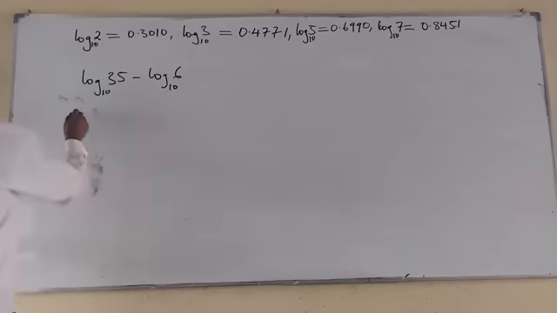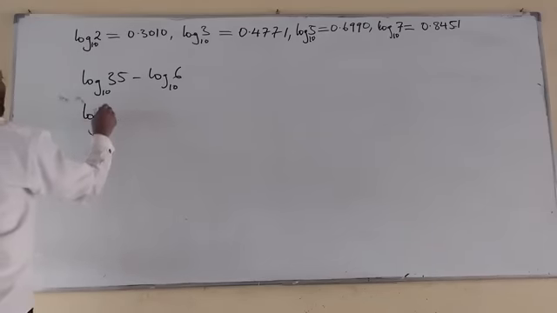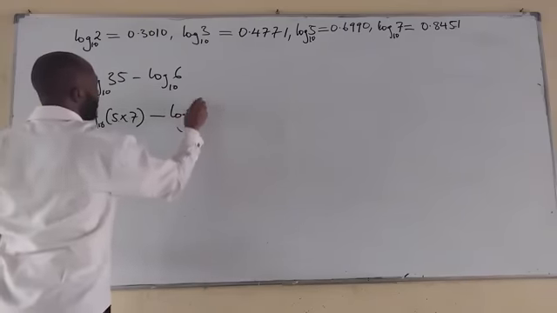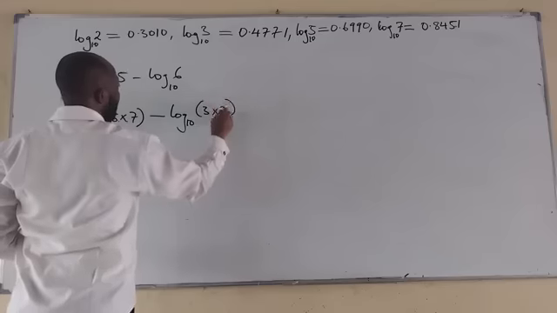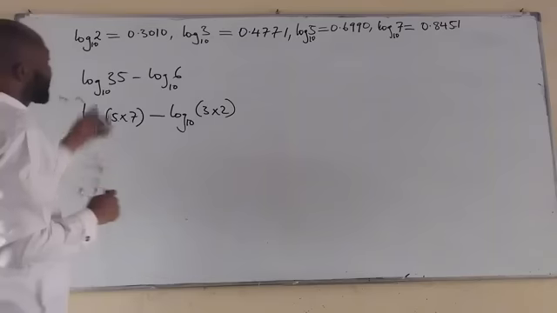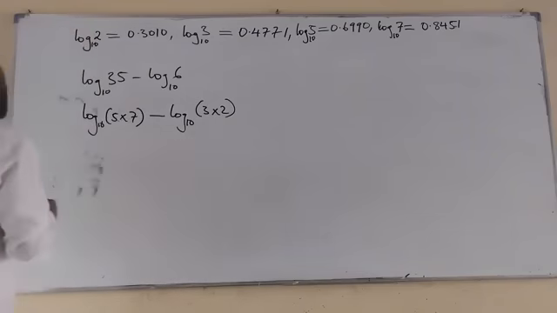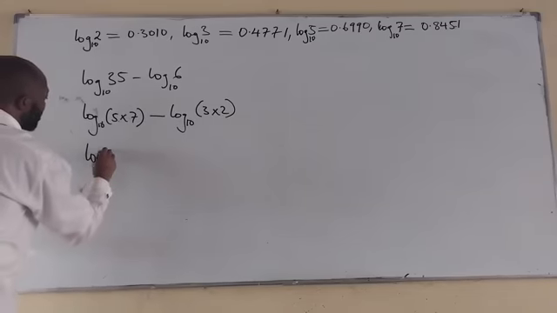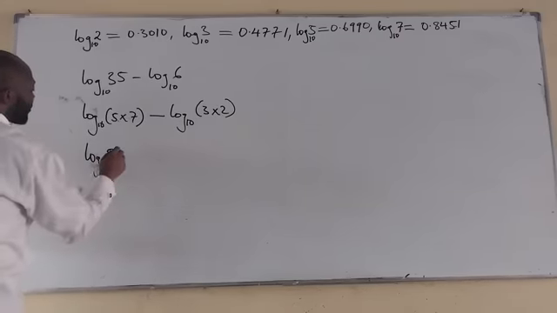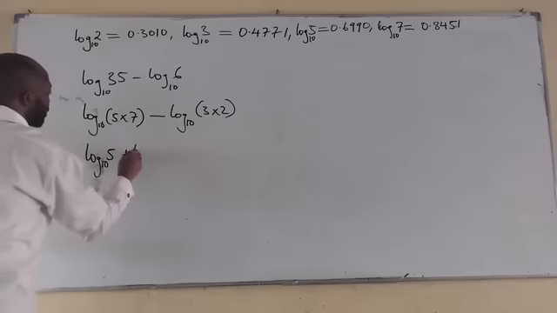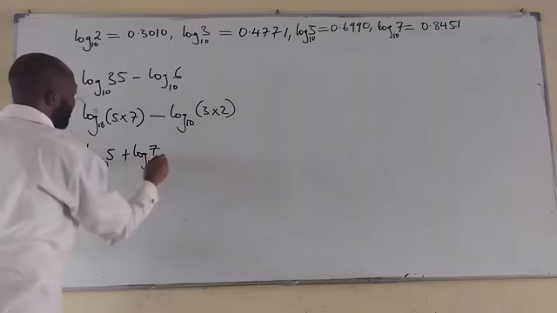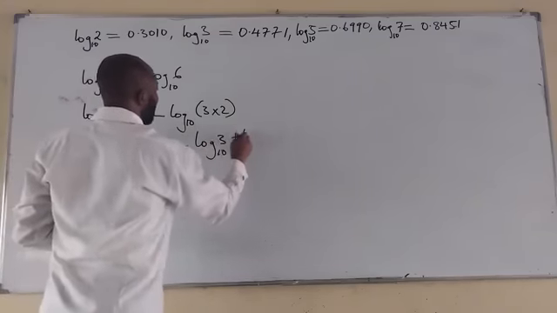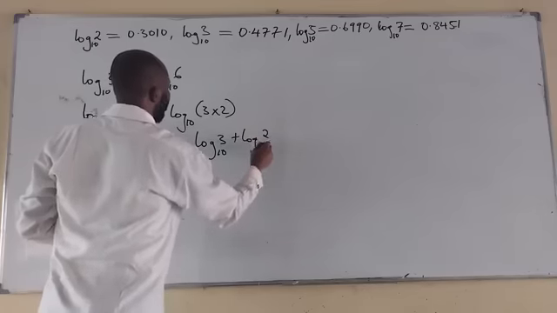So I can say log in base 10 of 5 times 7 minus log in base 10 of 3 times 2, which gives me 6. So now this becomes log 5 in base 10 plus log 7 in base 10 minus the sum of log 3 in base 10 plus log 2 in base 10.